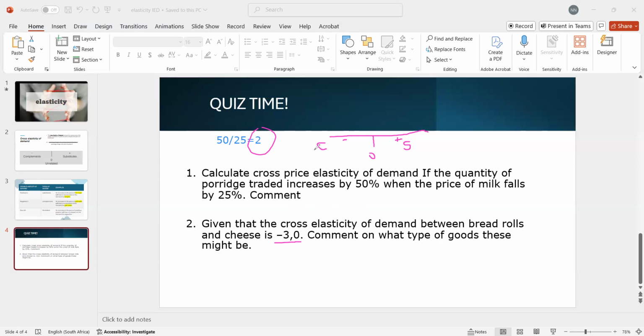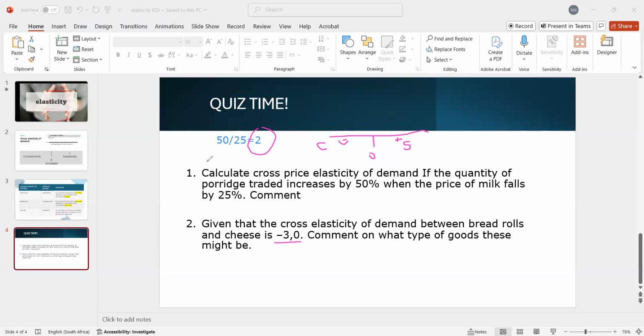So already it's negative, you come here, it's negative, meaning that these are complementary goods, bread rolls and cheese. Yeah, they are complements because when you eat a bread roll, if you want, you can put cheese inside. Maybe they're just trying to trick us by making the first one positive.